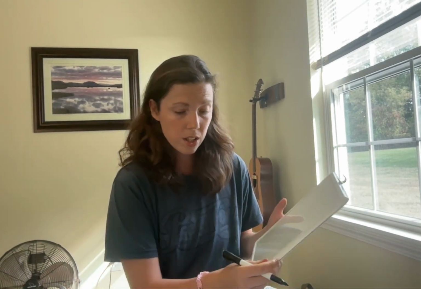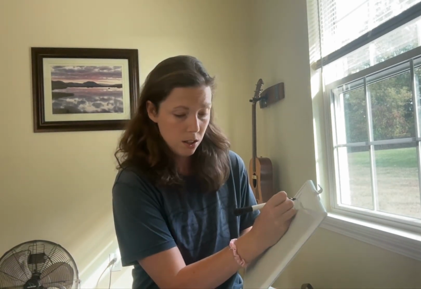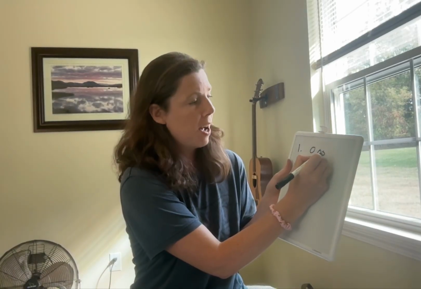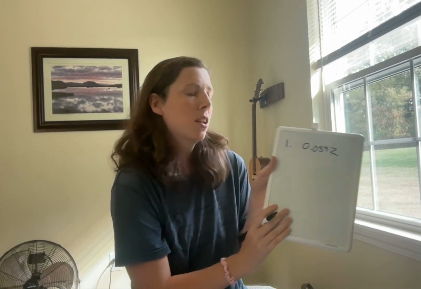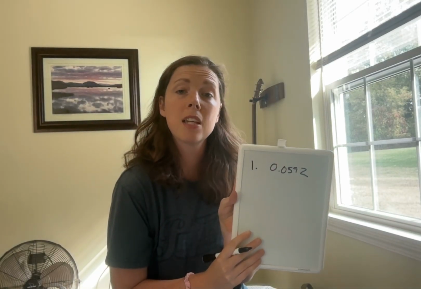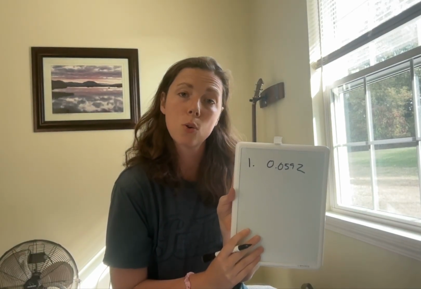The first rule is when we have a 0 at the beginning of a value, it's never significant. So an example being 0.0592. Zeros at the beginning of a value are never significant. They're just making the numbers end up in the right placeholders.